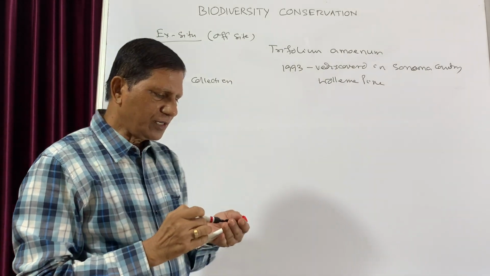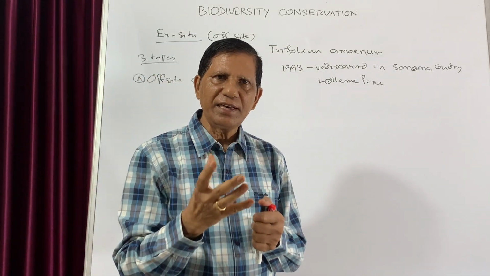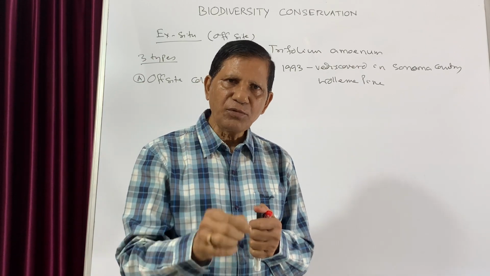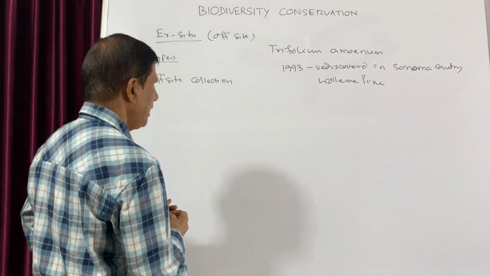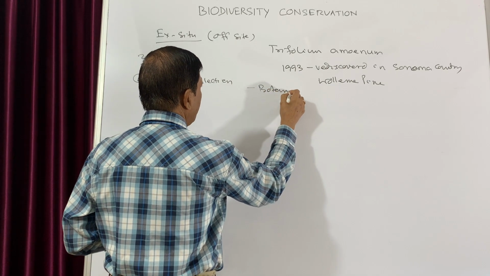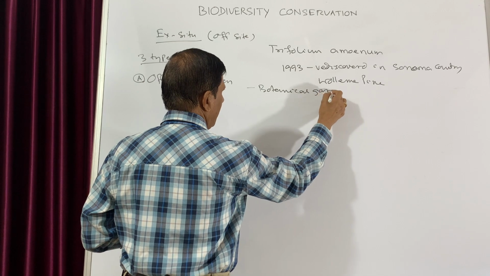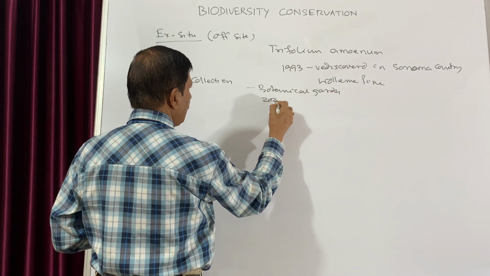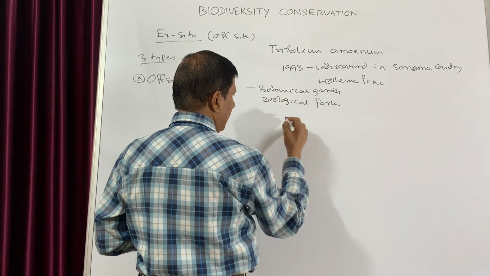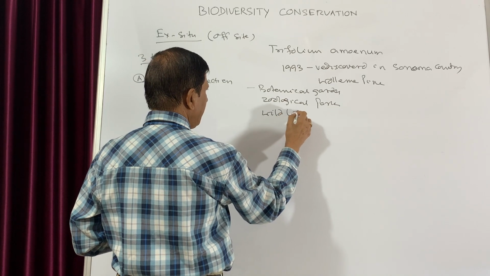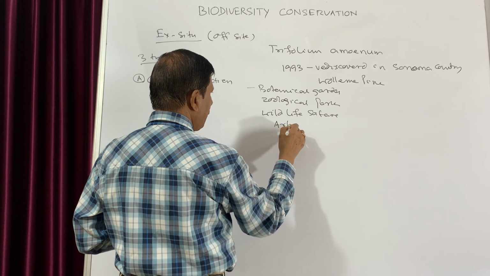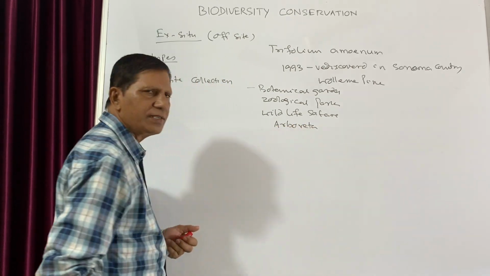In off-site collection, we collect live material, maybe plant or animal, and cultivate it off-site. This off-site place may be a botanical garden, a zoological park, a wildlife safari, or an arboretum.